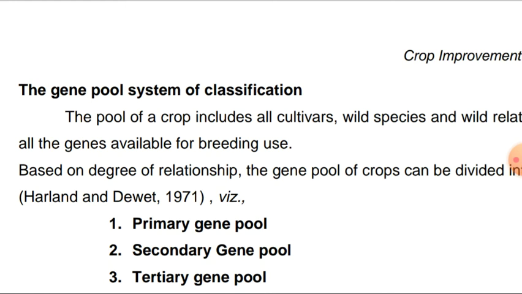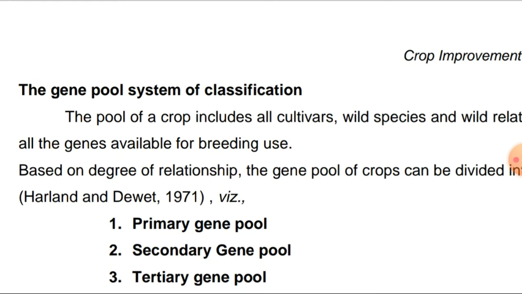When we make a cross with the primary gene pool, we observe partially fertile or partially sterile hybrids. So that does not have importance in crop breeding programs.